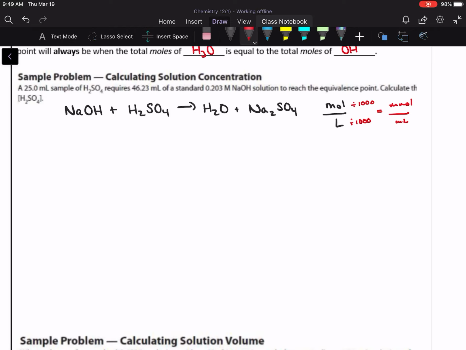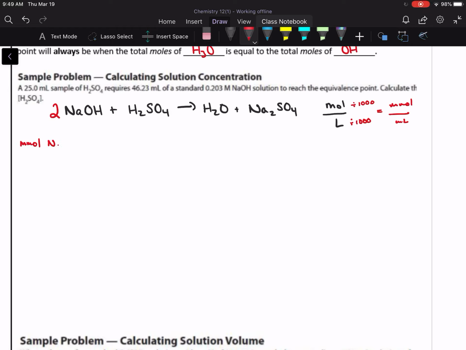Okay, so I've set up my reaction. It's important to note here that sulfuric acid is diprotic, so I'm actually going to need 2 moles of sodium hydroxide to neutralize 1 mole of sulfuric acid. So first I want to figure out my millimoles of my standard, which in this case is sodium hydroxide.